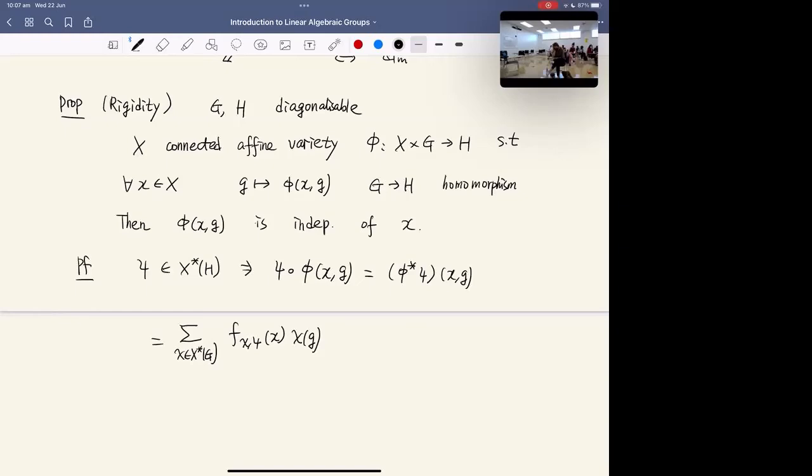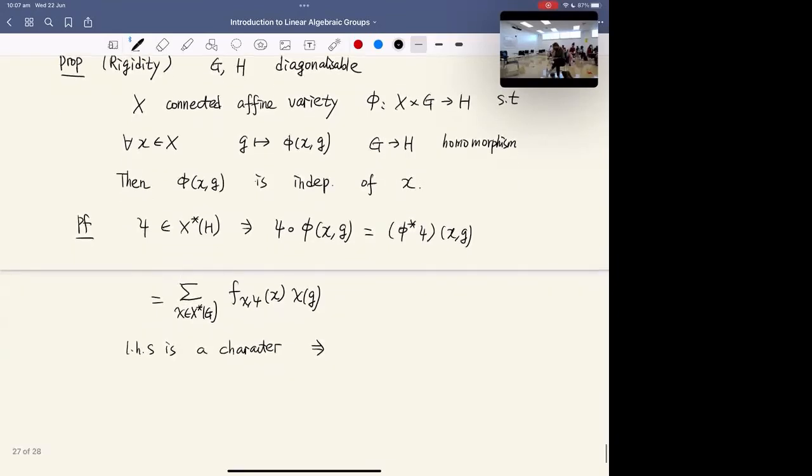Now the left-hand side is a character. Using our independence of characters, you can conclude that there is only one f_chi-prime for which this is 1, and it is 0 for the others.